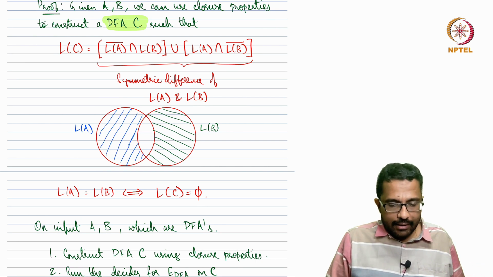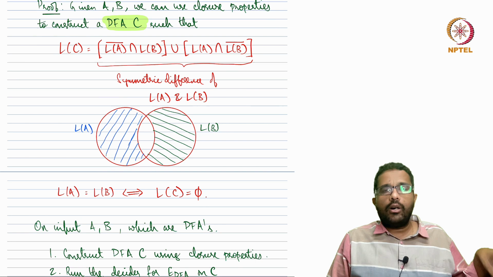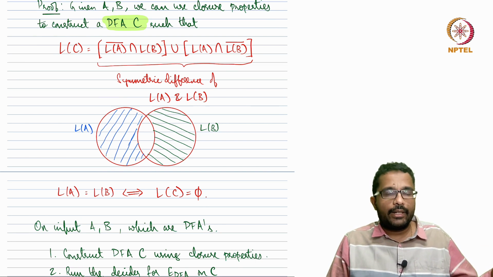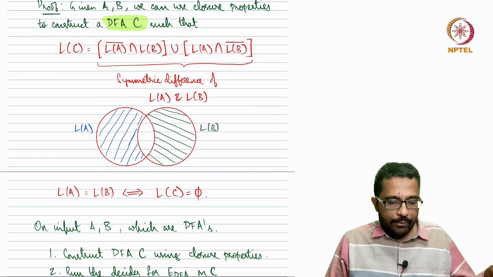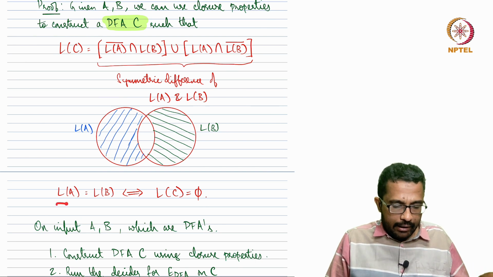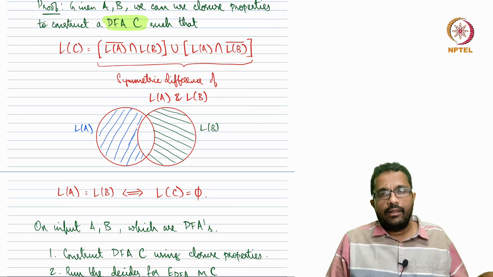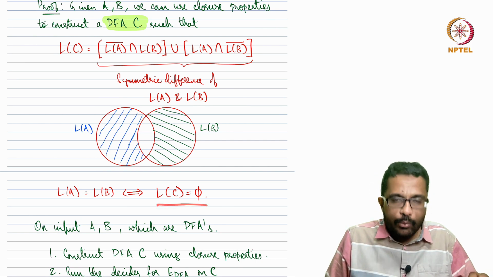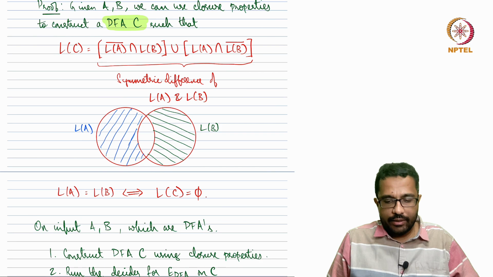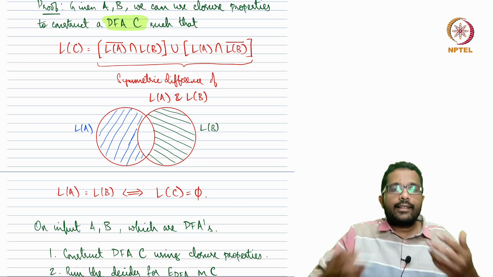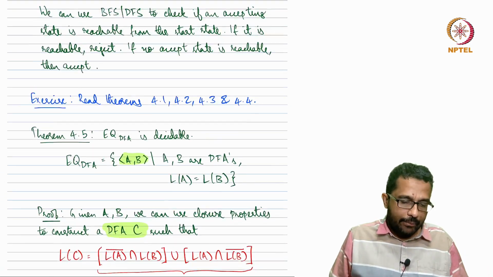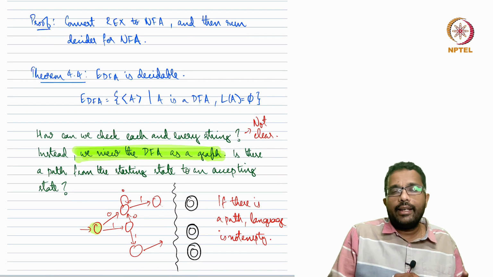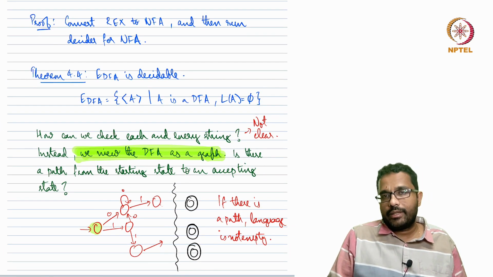So all that we are asking is, we know how to construct a DFA which recognizes a symmetric difference. Now all that we need to know is the equality or the equivalence of A and B corresponds to the case when C recognizes the empty language. So this is yet another case where we are just referring to something that we have already done. We know how to decide whether a given DFA accepts the empty language.